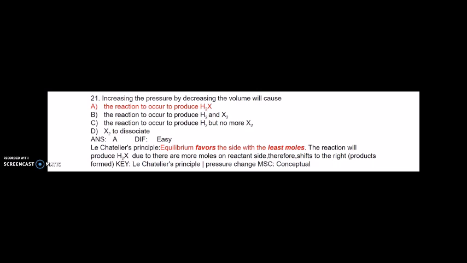In Le Chatelier's principle, equilibrium will favor the side with the least amount of moles. So the reaction is going to produce more of this H2X complex, due to there being more moles on the reactant side. Therefore, the shift is going to be to the products, making more product to relieve that stress. We'll see you one more time on question number 22 with this complex.